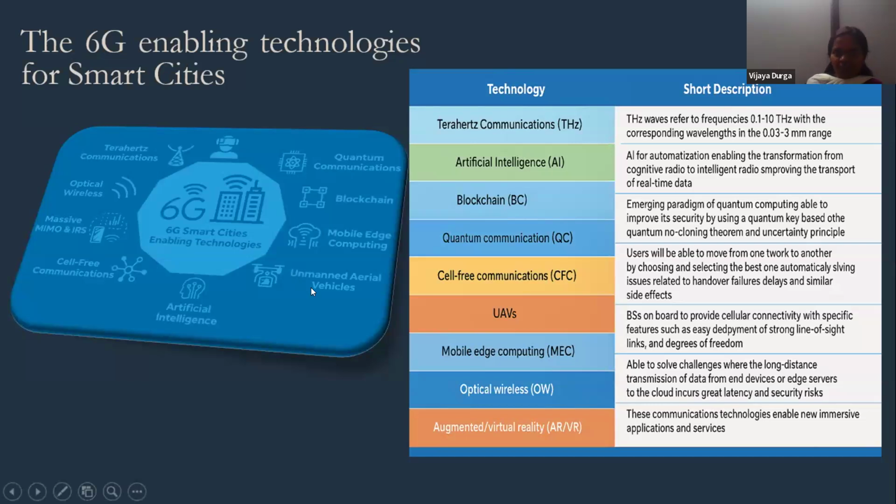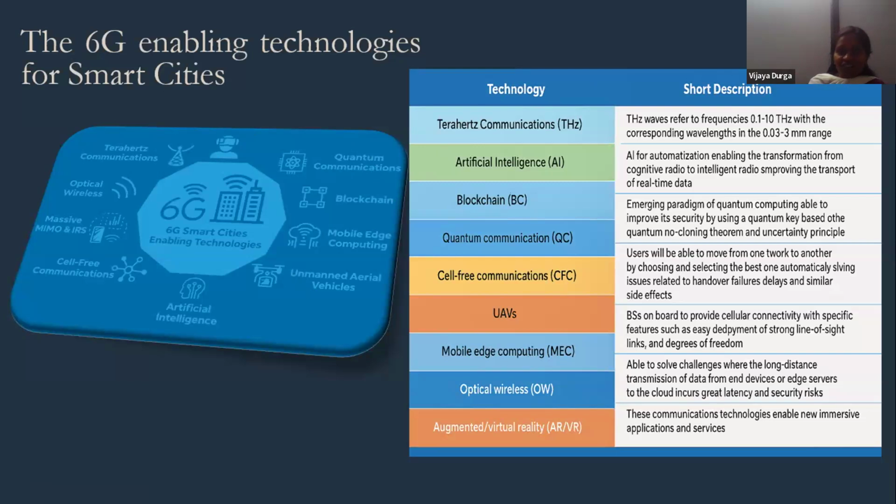And then UAVs, drone communication, is one of the better things. And then mobile edge computing: mobile edge computing plus cloud computing and local computing, the overall combination of these provides better services to the end users. And then blockchain technology and quantum communication. Augmented reality is also one of the 6G enabling technologies.